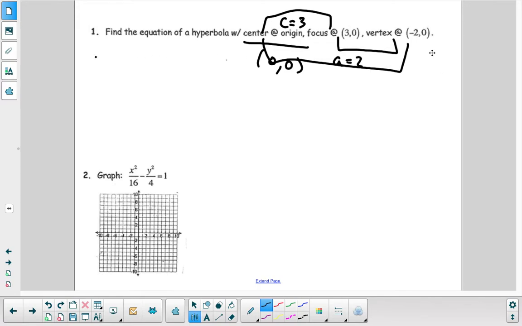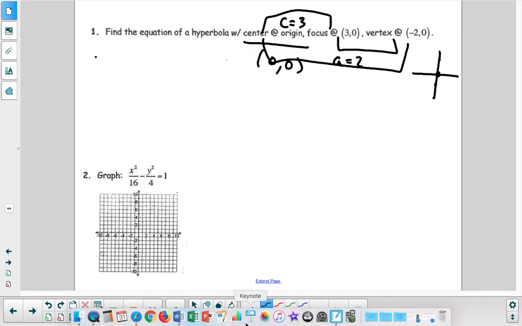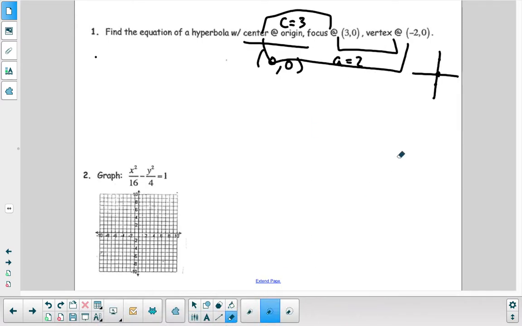If you wanted to make a quick sketch of this graph of what we have so far, we have our center, we have a vertex at negative 2, 0, and we have a focus at... Mistake number 1 is on my notes. Okay, I told you. Let's erase that. So, going freehand, everybody, without the notes. Take note.